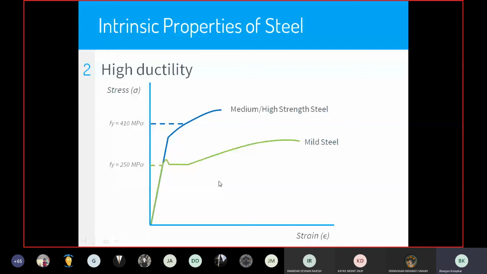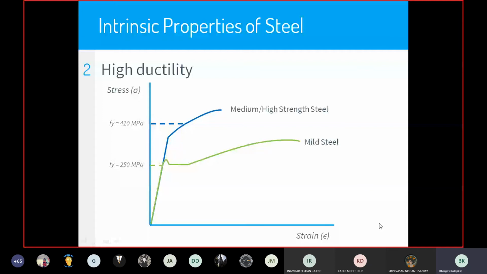Therefore, we should not only focus on the y coordinate, which is strength, we should also focus on the x coordinate, which is a measure of ductility. Now, if I want to compare these curves with the same curves for concrete to give you a feel of how different steel is from concrete, the curve is something like this. That's the curve of concrete.